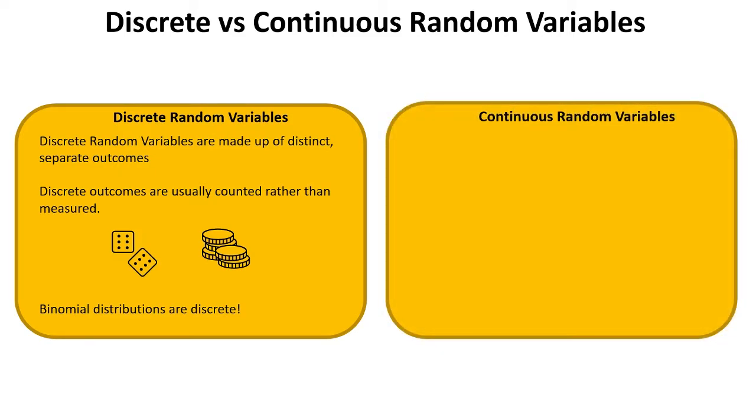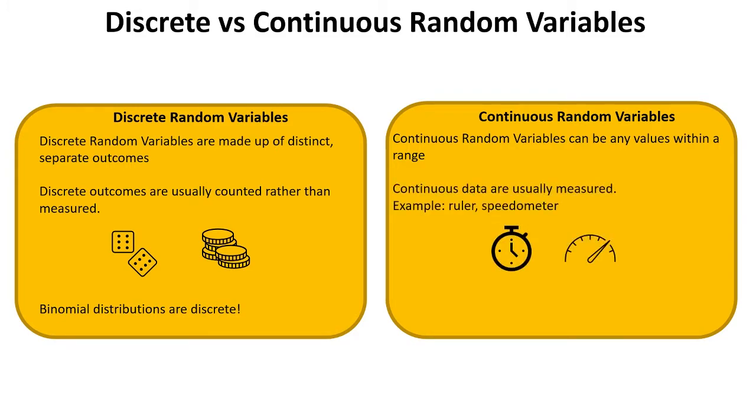In contrast, continuous random variables can be any values within a range. Continuous data is usually measured rather than counted, by a ruler or a speedometer or a scale, something that can, in theory, have infinite possible values between 2 bounds, right?